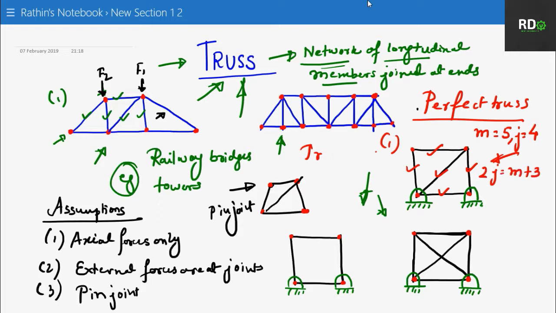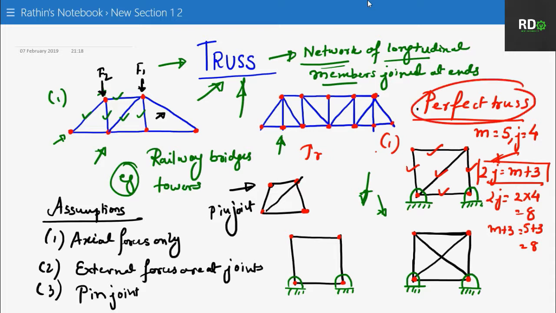For example number 1, m is 5 and j is 4. 2j is 2 into 4, that is 8, and m plus 3, on the right side of the equation, is 5 plus 3, equal to 8. So this condition is satisfied, that is 2j equal to m plus 3. Therefore example number 1 can be called a perfect truss.